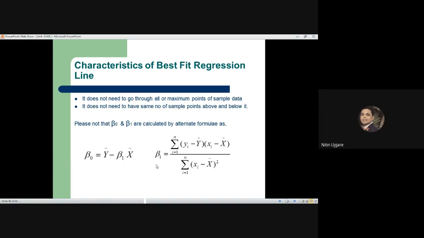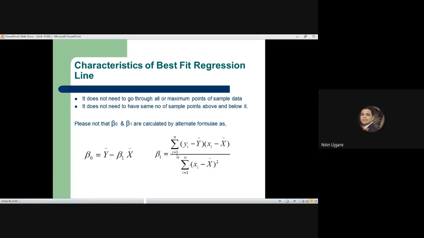Beta 1 is calculated as the summation from i equal to 1 to n. Summation from i equal to 1 to n means all the instances, 1 to n instances: x1, x2, x3, x4, x5 up to xn. So if you have 10 samples in your data set, then the value of n is 10. Summation means doing the sum 1 plus 2 plus 3 plus 4 plus 5 up to 10, which gives you the summation from 1 to n.